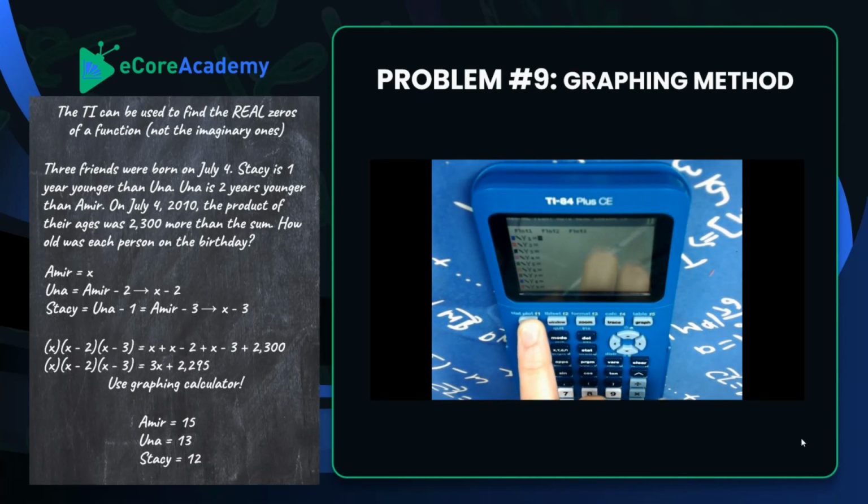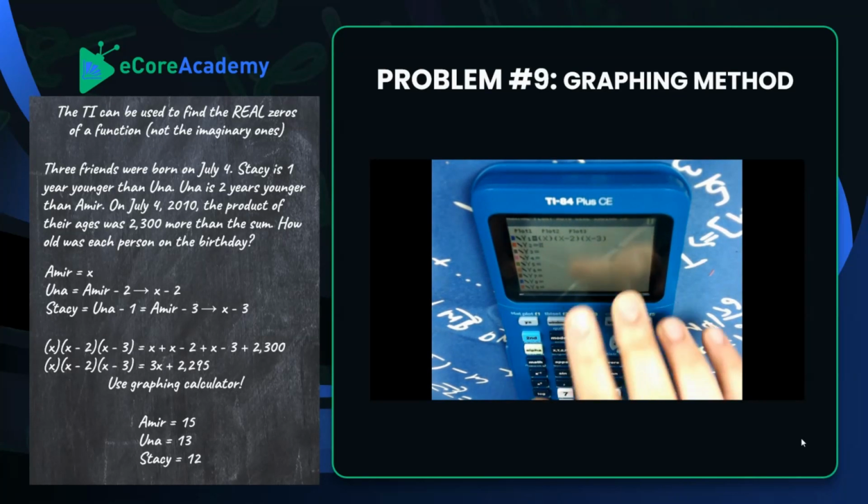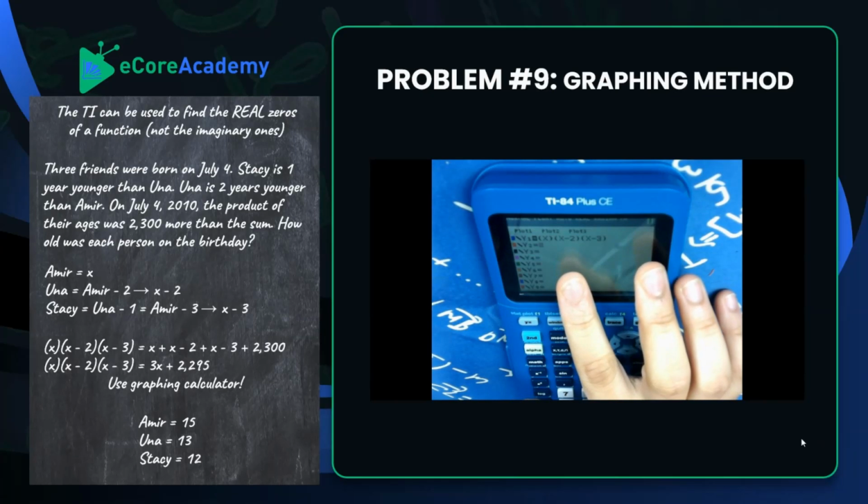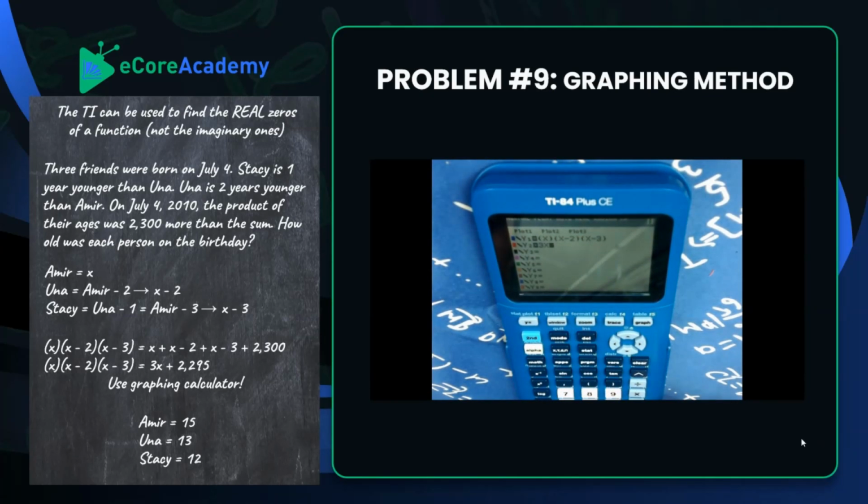So first I'm going to go to my y equals, and in my y1, I'm going to write x times x minus 2 times x minus 3 for the product of their three ages. And in y2, I'm going to write 3x plus 2,295. Now, before we even graph, I'm going to adjust my window because these are some pretty big numbers.